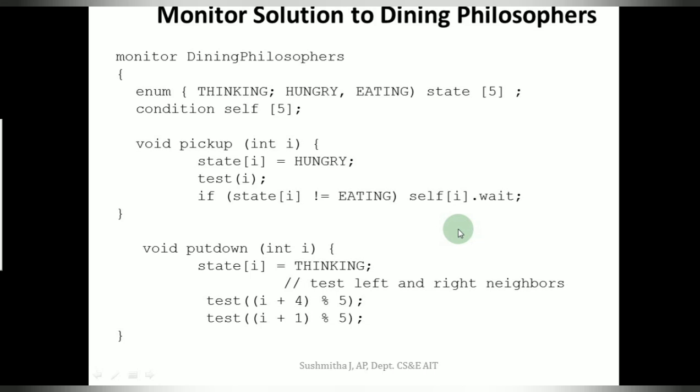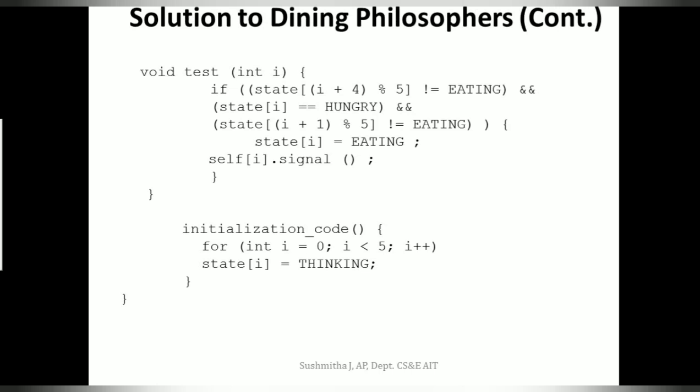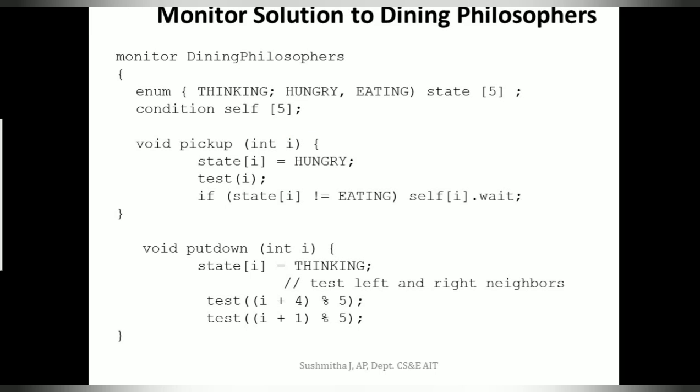You can see here self[i].wait, where it is waiting to pick up the chopstick. If it has got the chopstick, you can see in the test here, it is allowed to eat and it is signaling, that is, it is invoking the other philosopher who wants to use the chopstick. The next thing that we have is the putdown procedure.